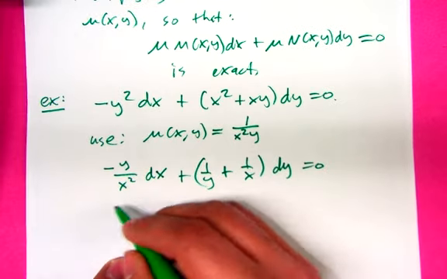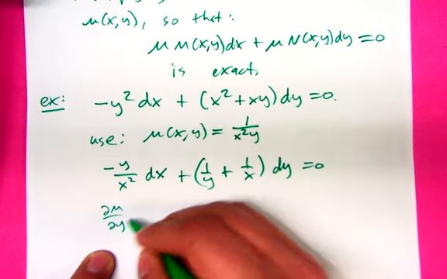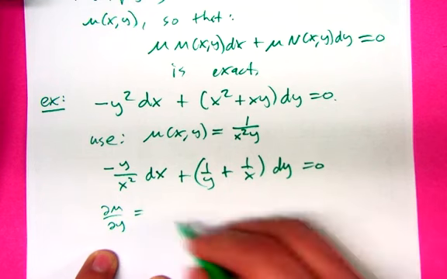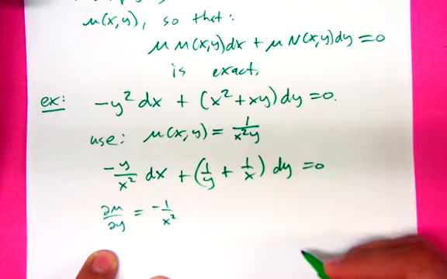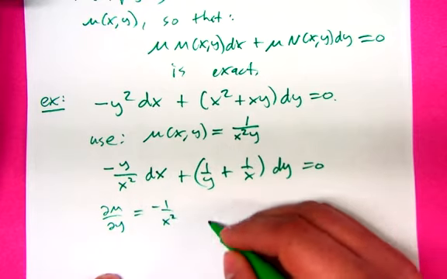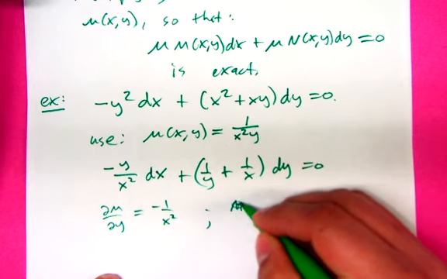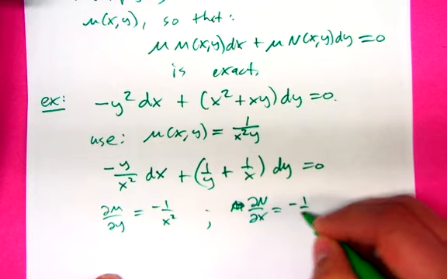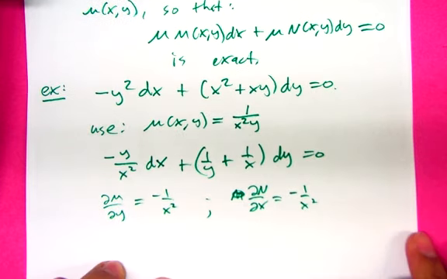And now partial M partial y would be negative 1 over x squared, and partial N partial x is exactly the same. So this is now an exact equation.